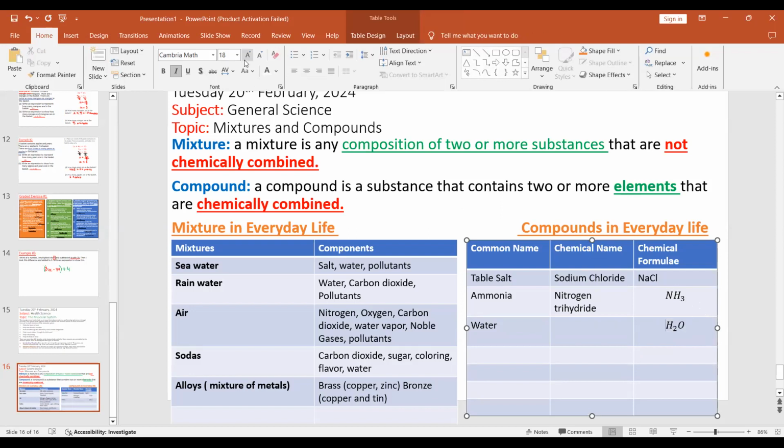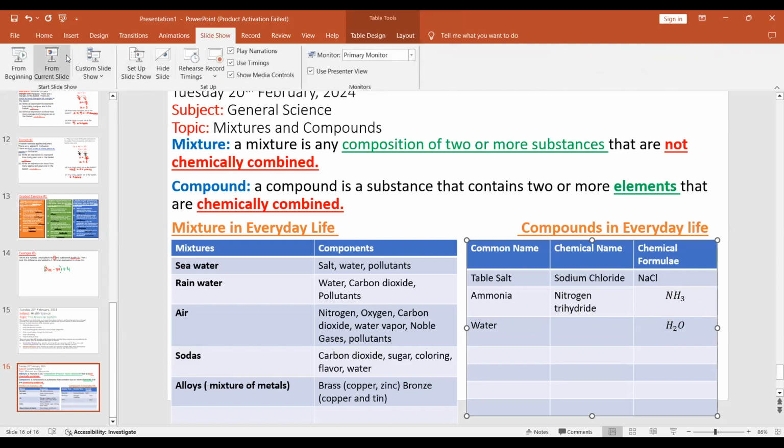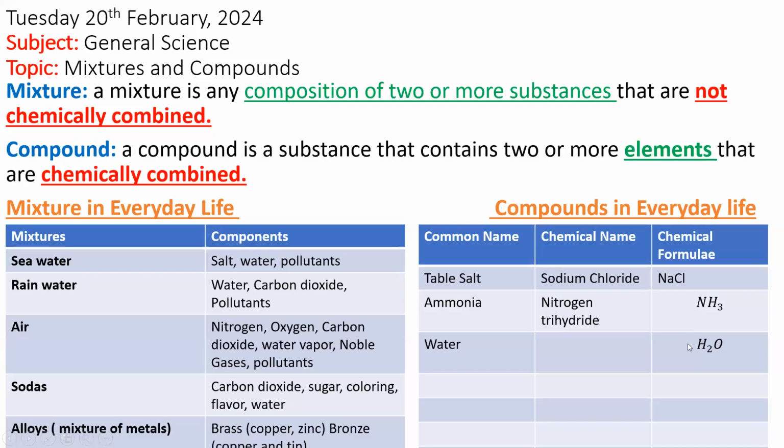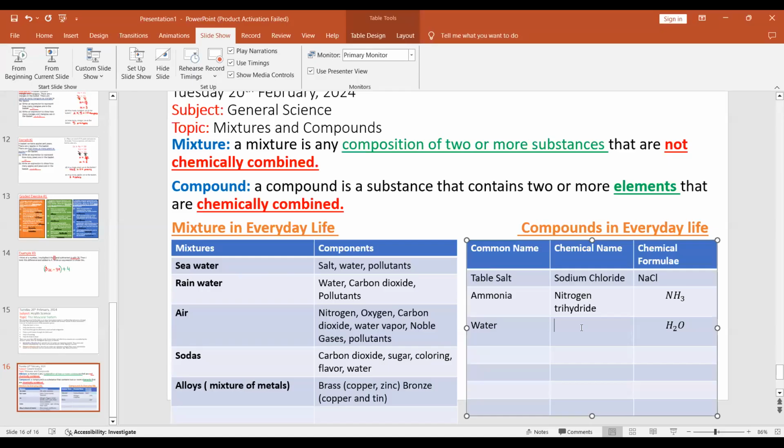How many hydrogen atoms do we have? Two. And for the oxygen, how many do we have? Just one. That's gonna be dihydrogen, because it's two hydrogens, so di meaning two. Dihydrogen oxide.